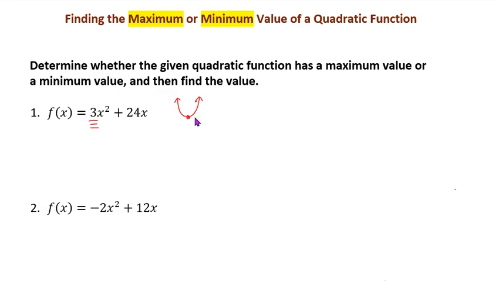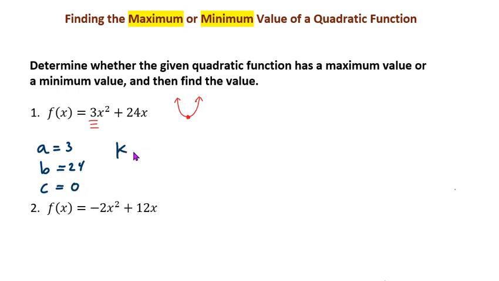And so the function has a minimum value. Now let us identify the values of a, b, and c. A is equal to positive 3, b is equal to positive 24, and c is equal to 0.